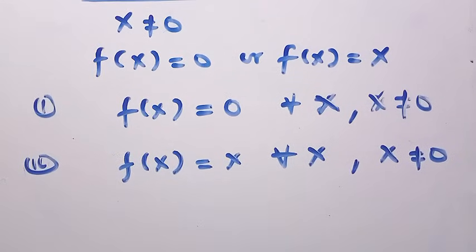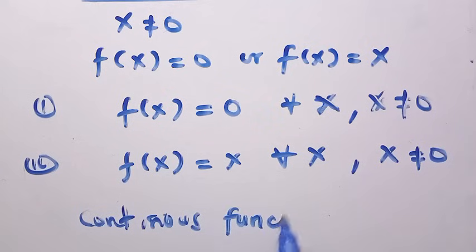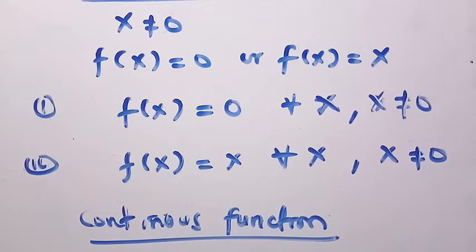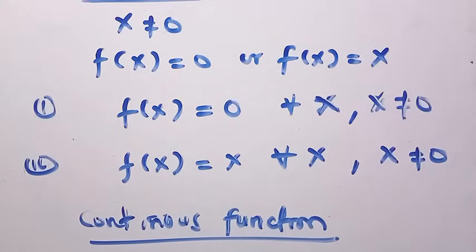But what if we are trying to consider the continuous functions? Let me call this one step 3, the continuous functions. So we are going to divide this based on piecewise functions, to show the continuity of this.